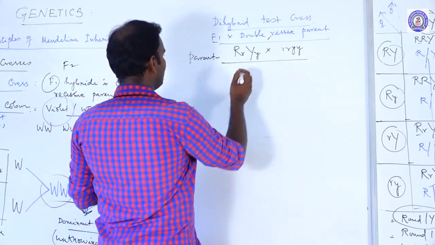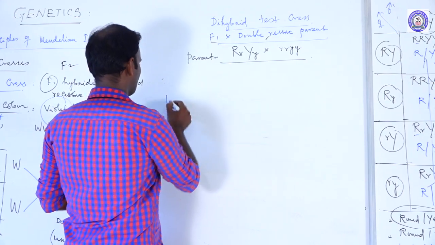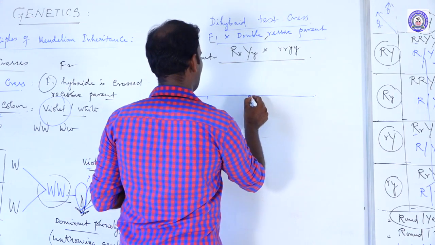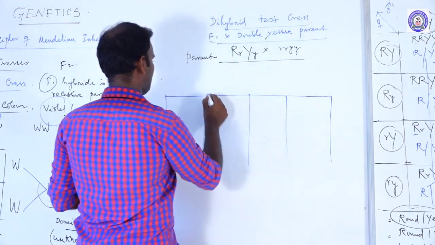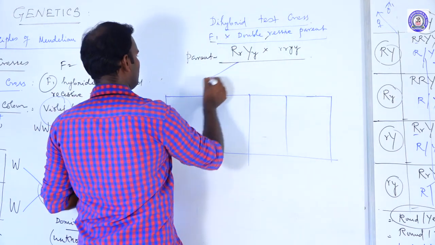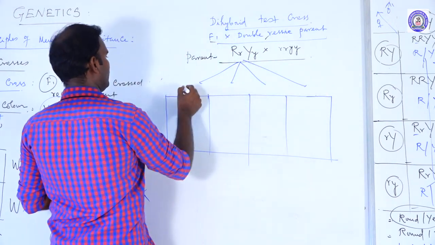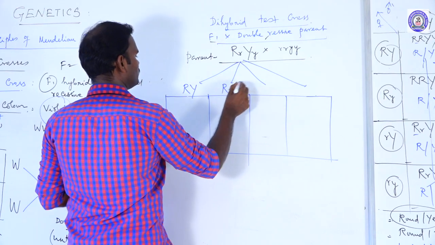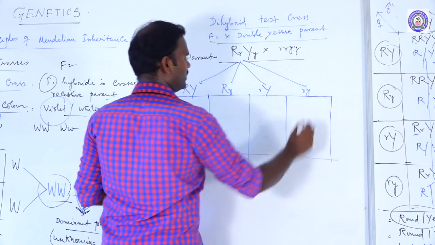So we know that here four types of gametes are possible. What are the four types? Capital R capital Y, capital R small y, small r capital Y, small r small y.